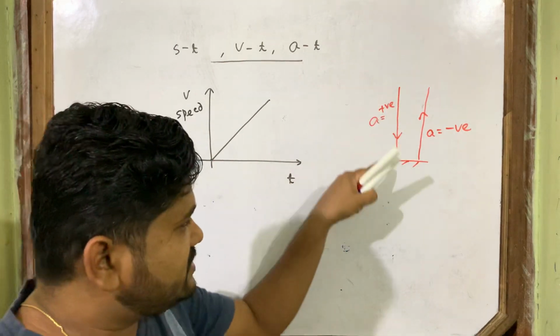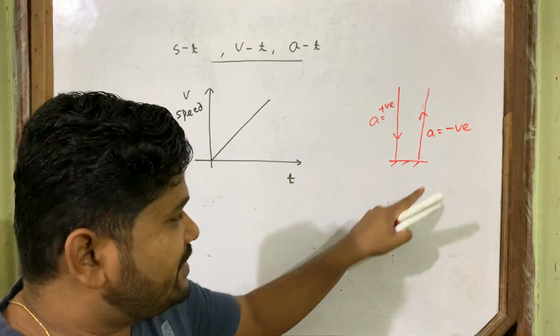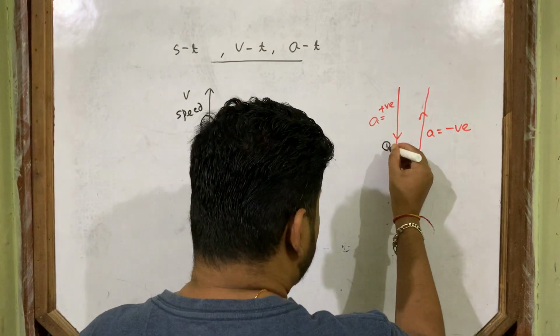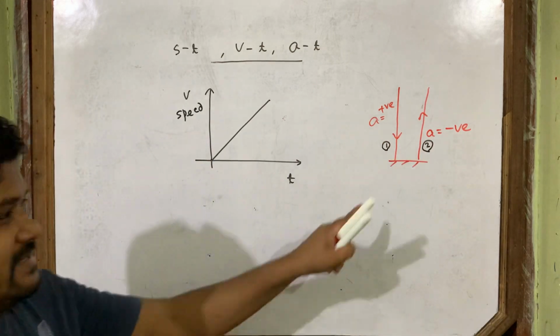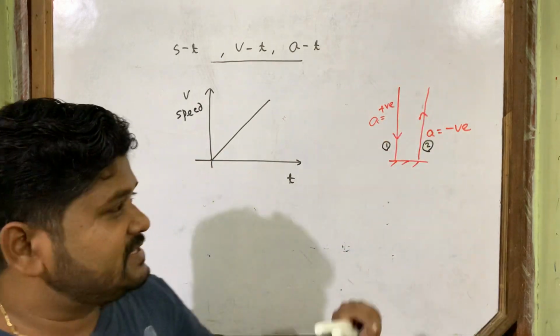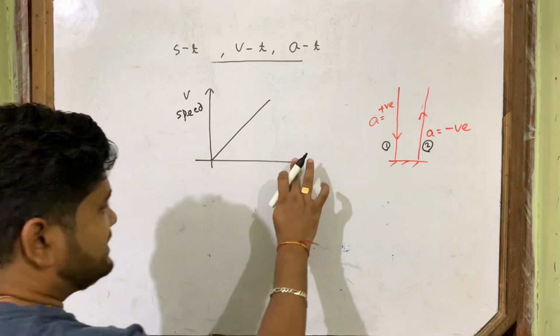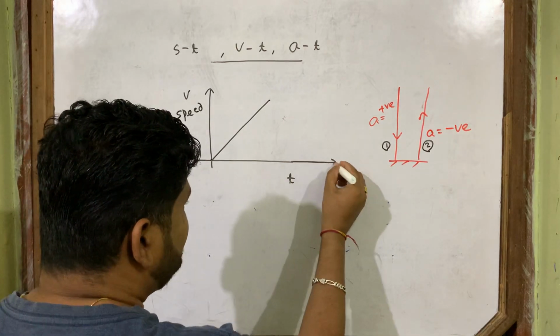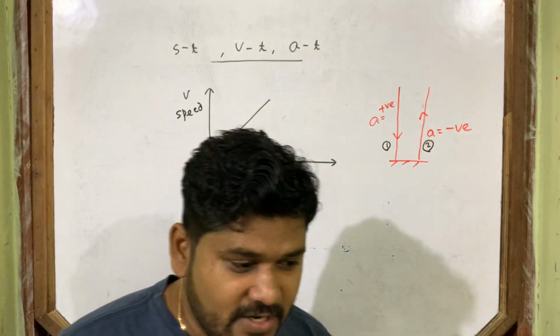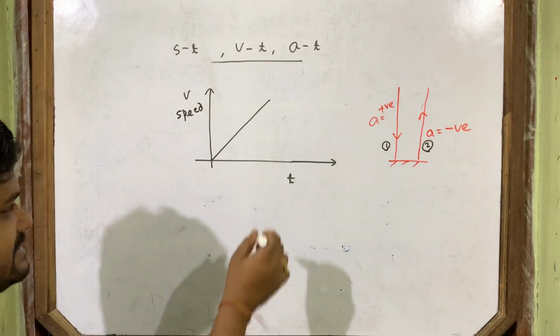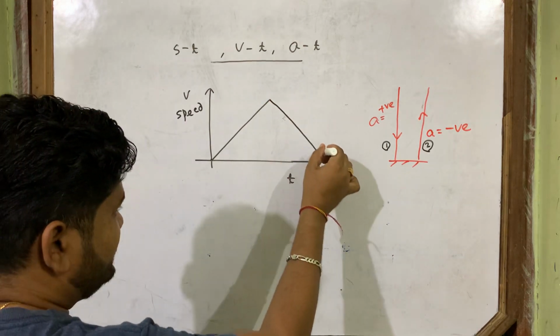Now the body comes downward. I am taking this as the first part, and now we'll go to the second part. In the second part, the body moves upward, so acceleration is negative. Gradually, when the body strikes and again comes upward, its speed decreases and comes to 0. So the graph will be like this.